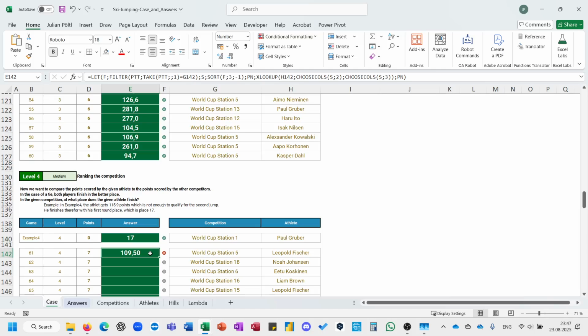And if I would have simply sorted and then looked up for Leopold, it might be that in a case of a tie, I would not have got the right rank for Leopold.